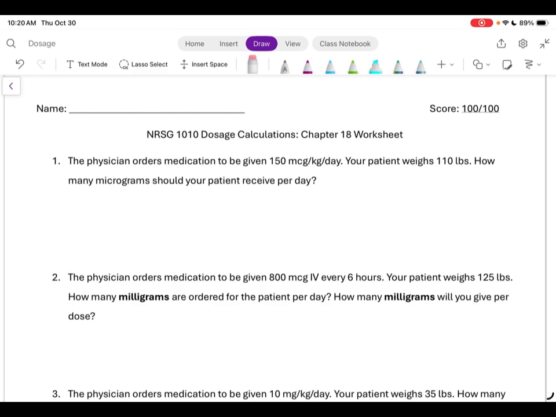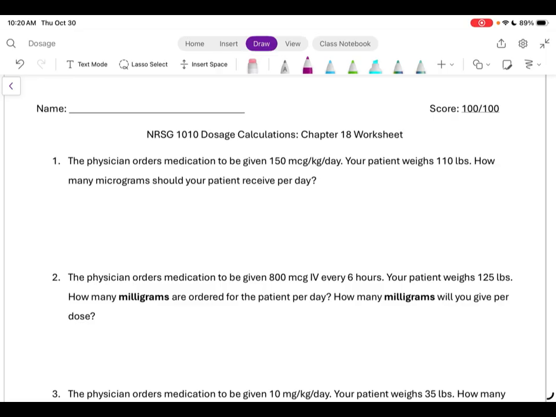Your physician orders medication to be given 150 micrograms per kilogram per day. Your patient weighs 110 pounds. How many micrograms should your patient receive, right?